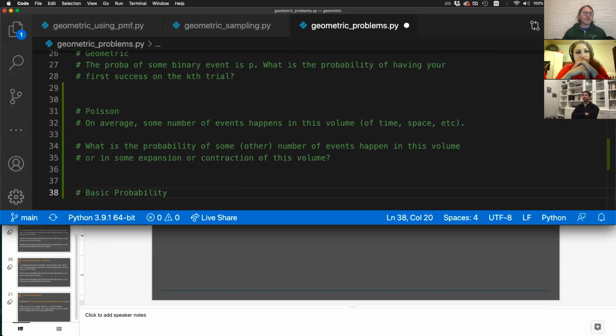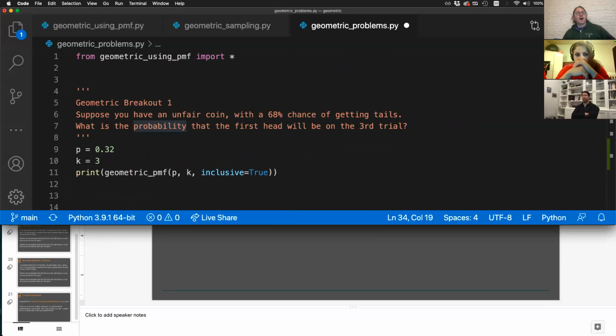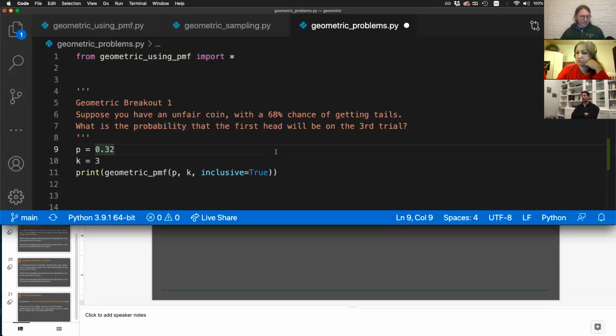Okay, so I'm going to fill this in just a little bit, just some notes and template problems for these. I just want to say that we don't stress geometric as heavily as we do binomial and Poisson. The reason being, you can kind of derive geometric, and we use geometric as a means to explore certain kinds of coding problems, right?